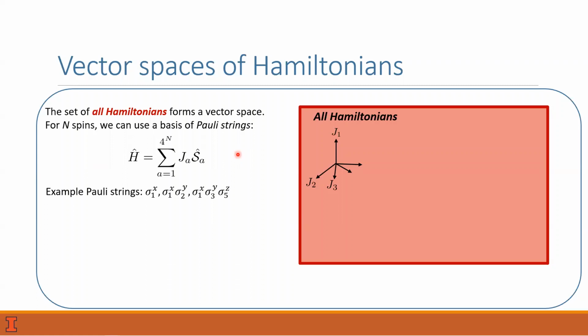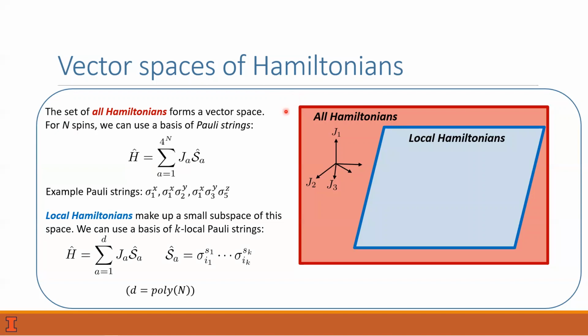Since there are 4 options for every spin, there are 4 to the n different possible Pauli strings. So there are exponentially many of them. And a general Hermitian operator can be written as just some linear combination of them with coefficients J_A. That's what I'm indicating here with this big red box. It's just a giant vector space of operators and represents all possible Hamiltonians.